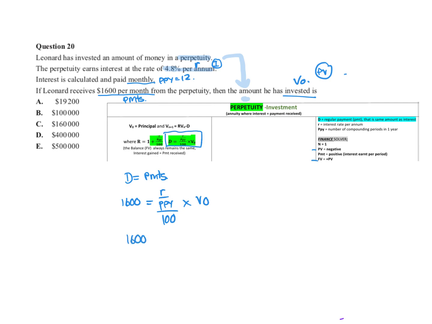So I do know the per annum rate, which was 4.8, and I do know it's 12 over 100, and V0 is the only thing that I don't know. So I'm calling it X, and I can pop that into solve X, and I will get the value of the investment. So we get X to equal 400,000. So that's how we get that answer.